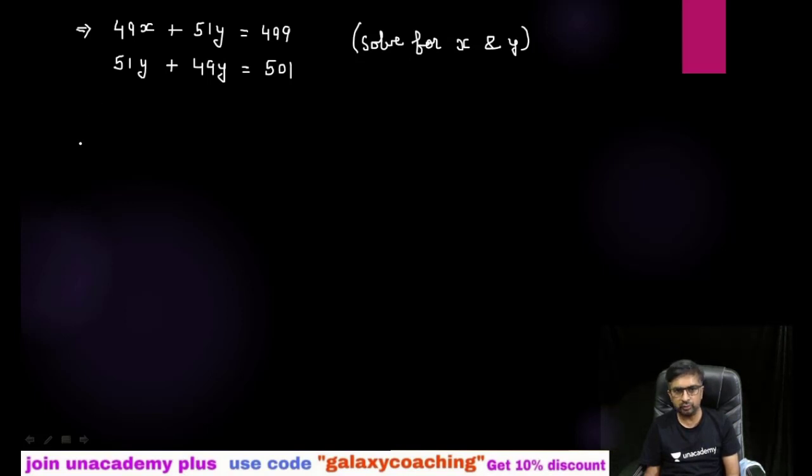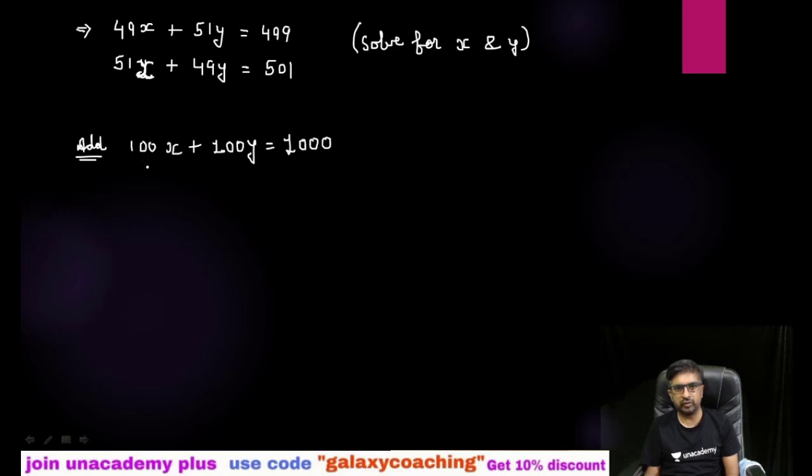What you need to do, you need to add both equations one time. Add 49 plus 51, you will get 100x, and the sum of the y terms will be 100y, and the sum of the right sides will be 1000.